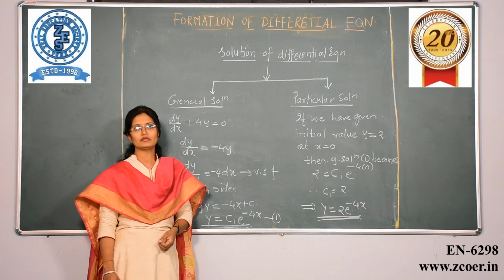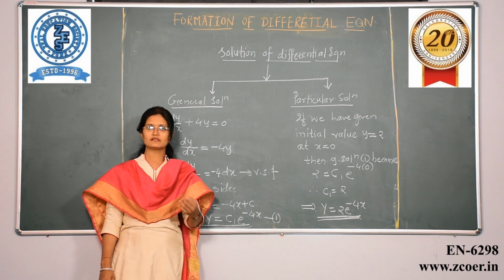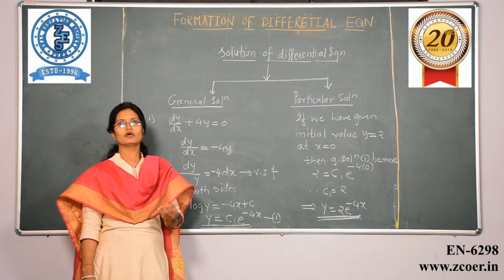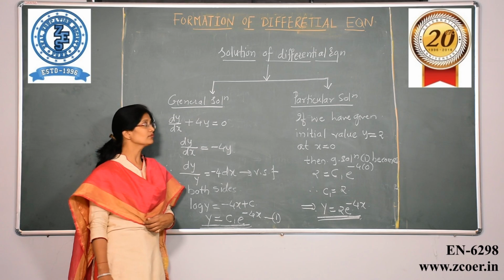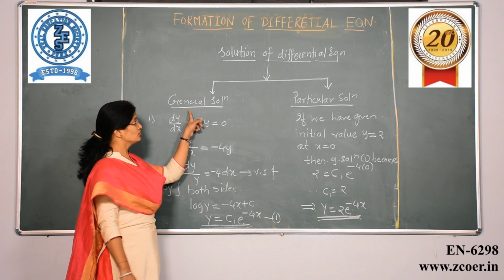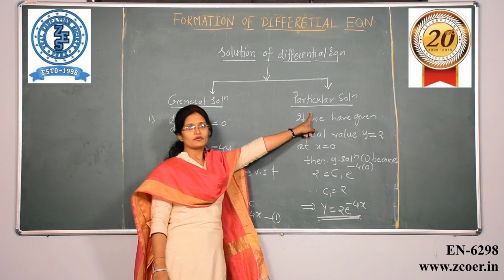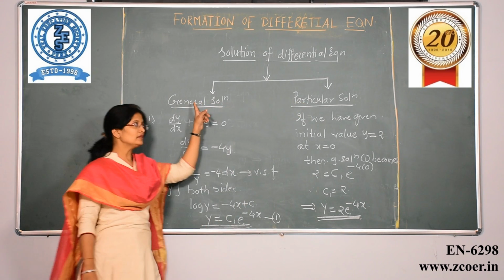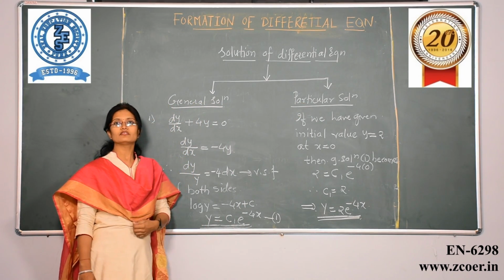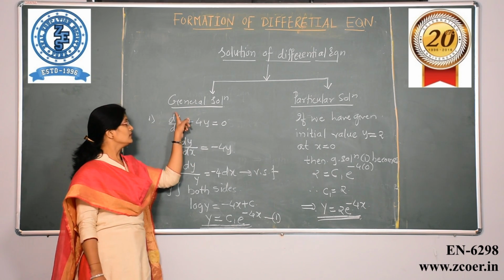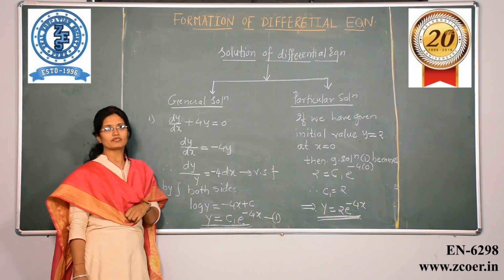So depending upon whether your solution contains an arbitrary constant or not, we can categorize the solutions of differential equations as general solution and particular solution. The general solution contains a number of arbitrary constants equal to the order of the given differential equation.